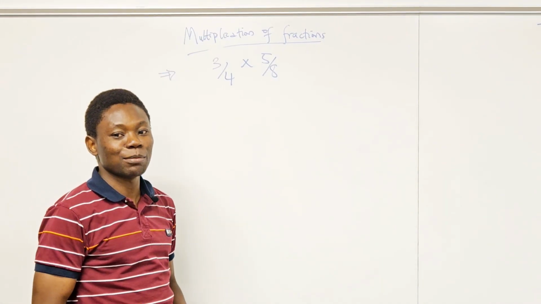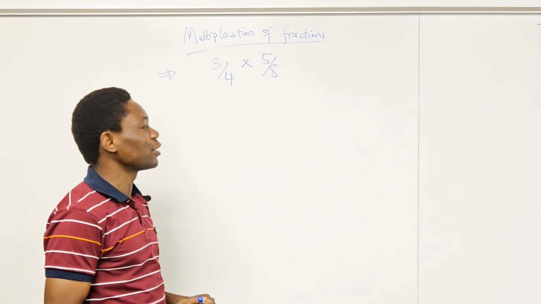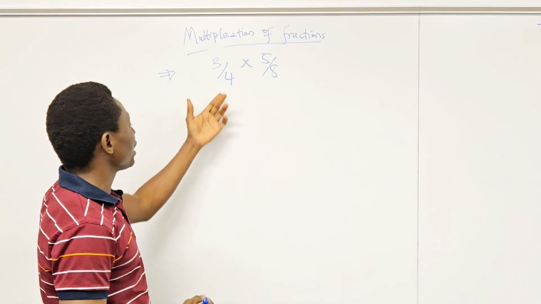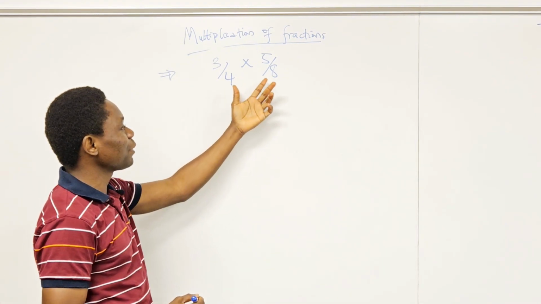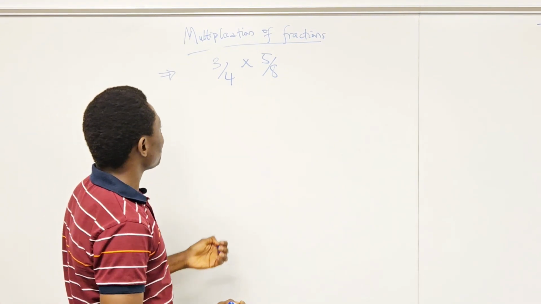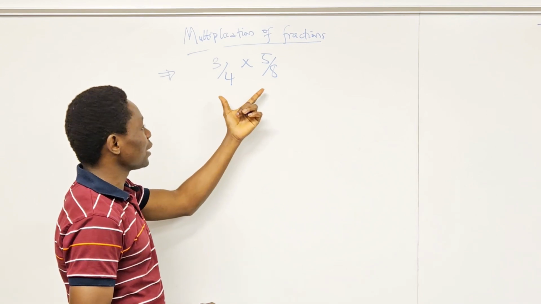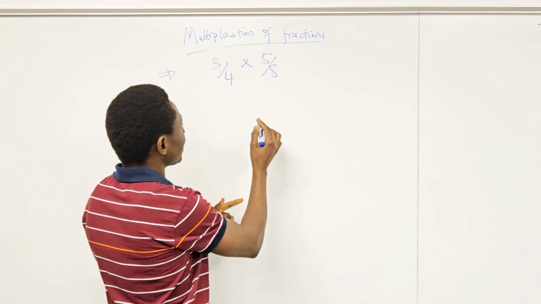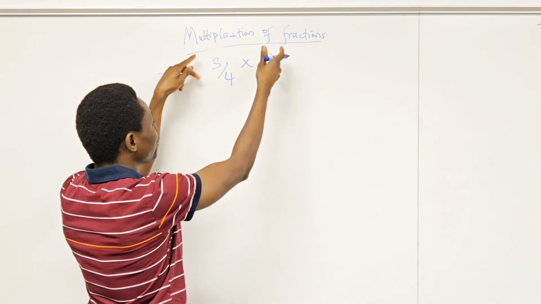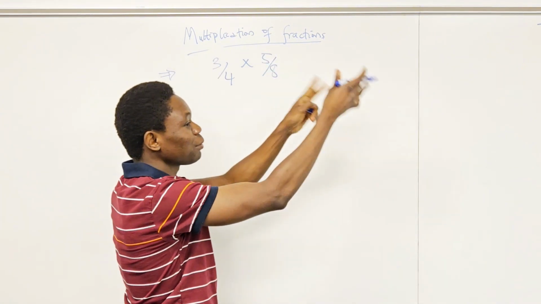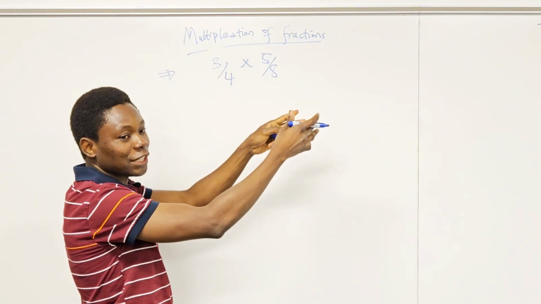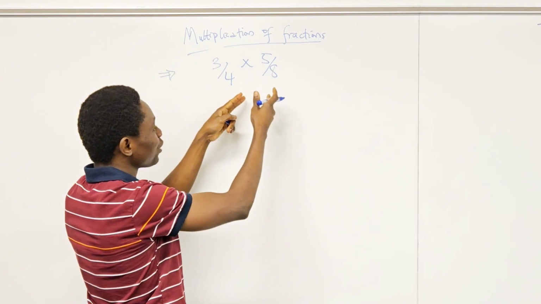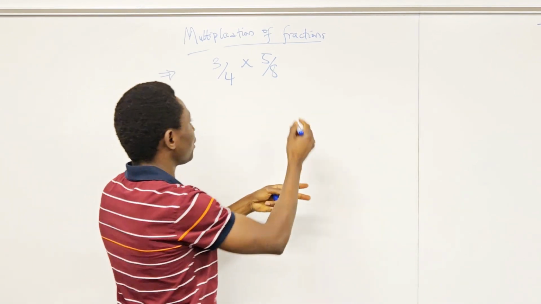Alright, now let's talk about multiplication of fractions. Right? For example, we have 3 over 4 times 5 over 8. So, since none of these fractions is reducible to the lowest term, what we can do is to multiply the numerators together to form the numerator of a new fraction and multiply the denominators together to form the denominator of the new fraction.